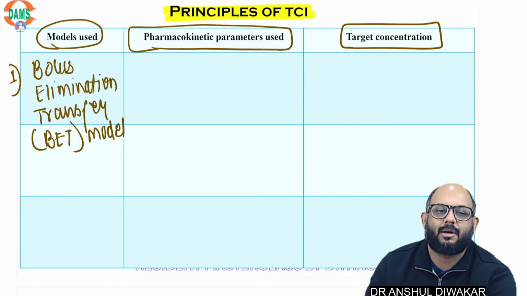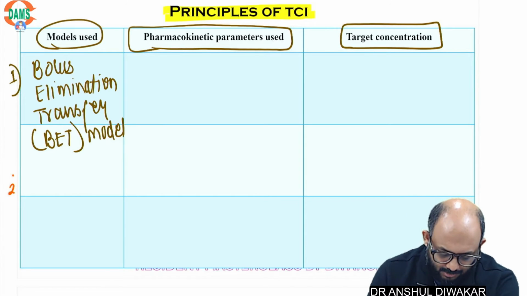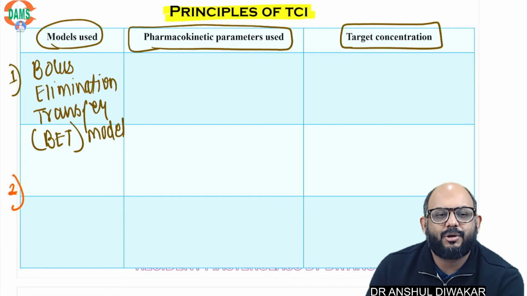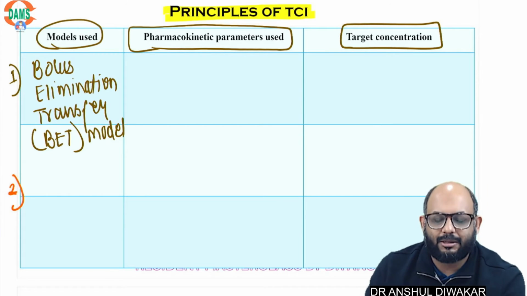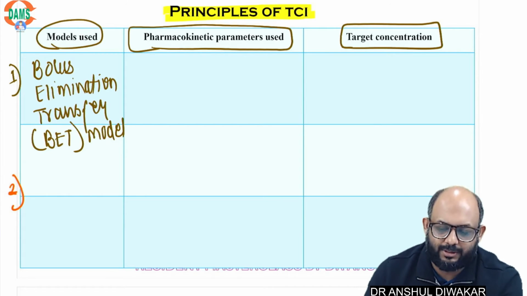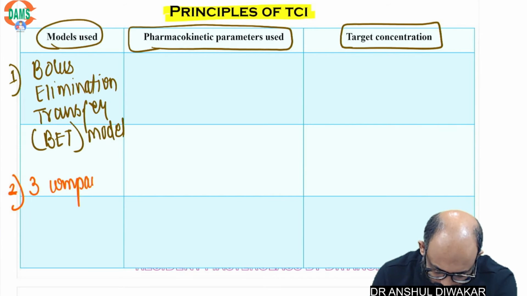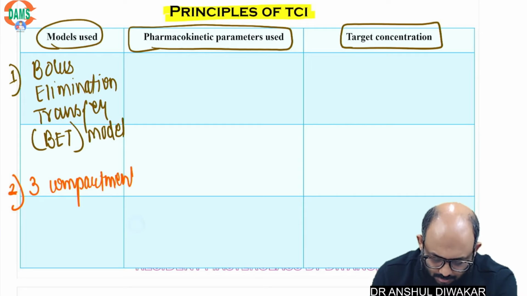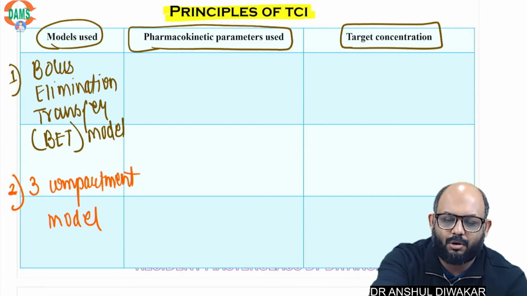But it was soon realized that the drug doesn't act so easily, and so it was being abandoned. It is still used to calculate the loading dose required for any drug. Now we use something called a 3-compartment model, right?